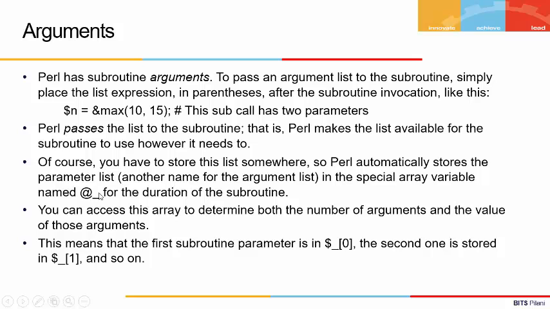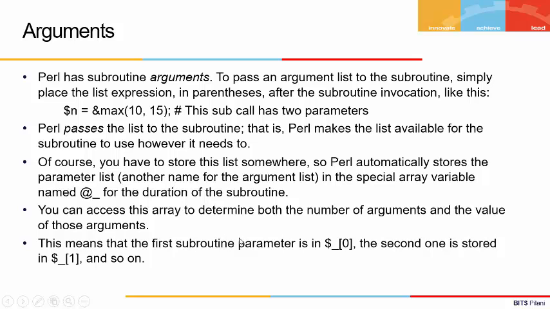You can use this @_ operator for the argument list. You can access this array to determine both the number of arguments and the values of those arguments. This is something you can do like this.